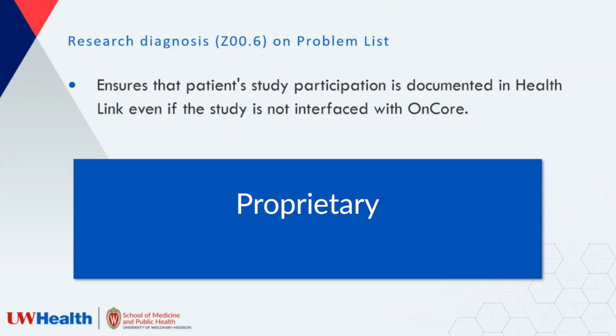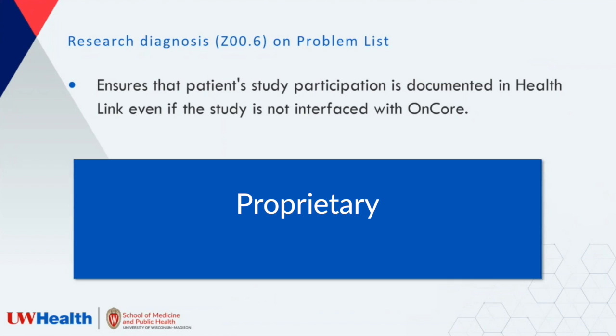Okay, and then the next piece of required documentation is the research diagnosis code on the problem list, so the Z00.6. This ensures that patients' study participation is documented in HealthLink, regardless of whether the study is interfaced with Encore or not.